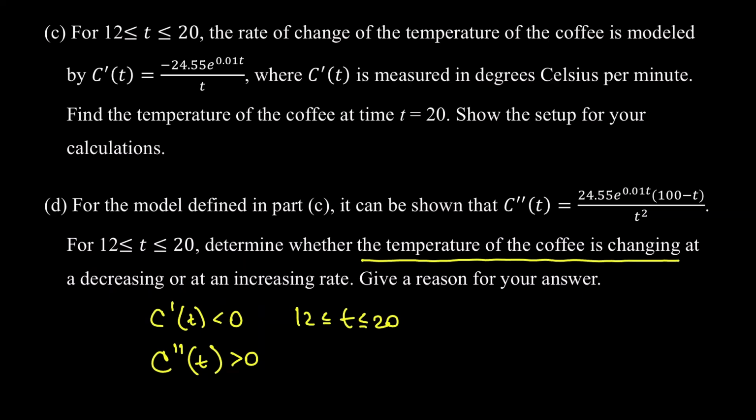So the question is how the absolute value of c prime of t changes. We can see that the absolute value of c prime of t is decreasing, because it goes from more negative to less negative as time goes by. So the answer is that the temperature of the coffee is changing at a decreasing rate.